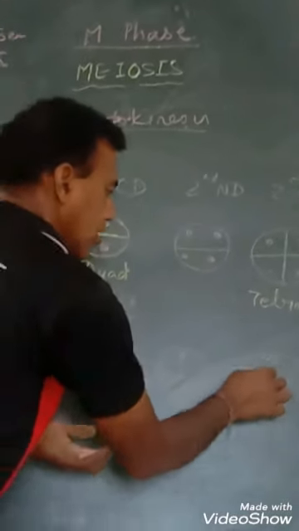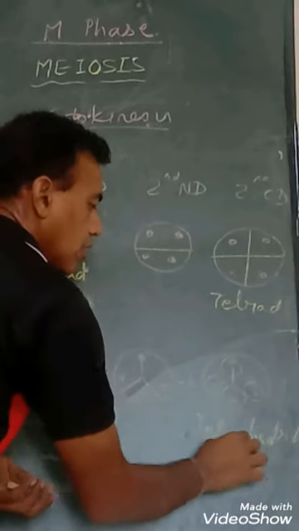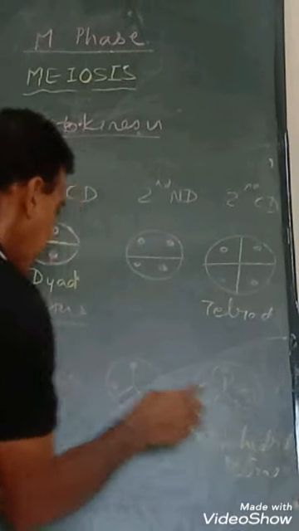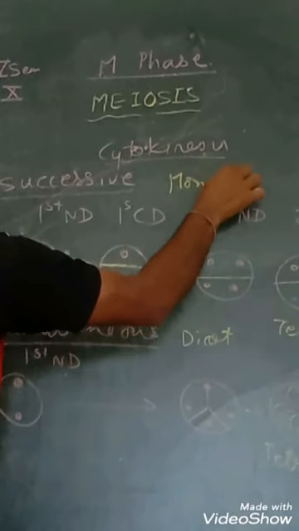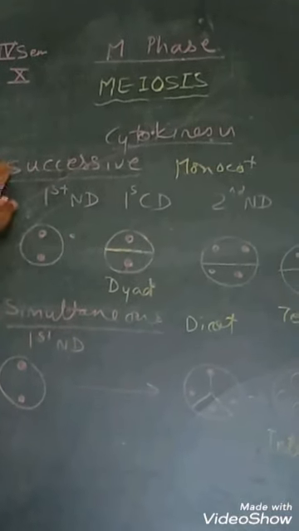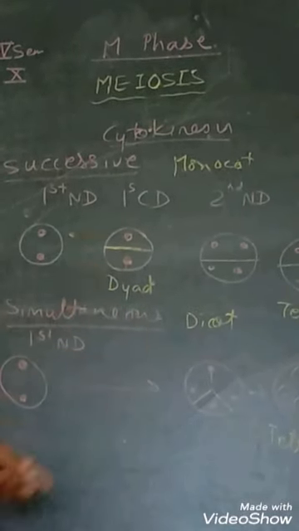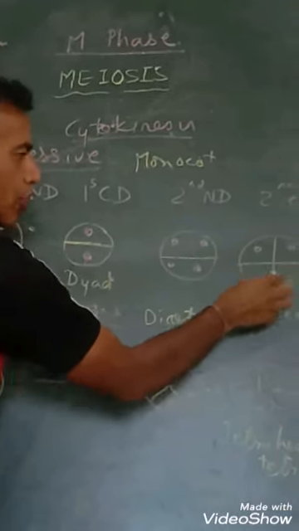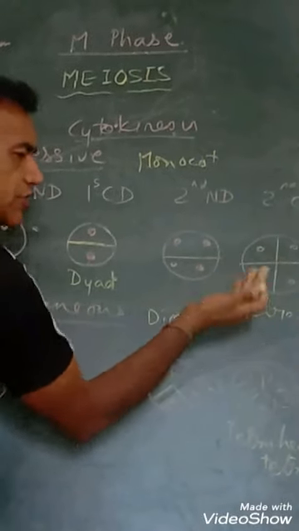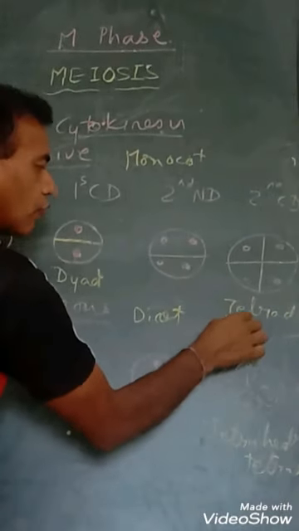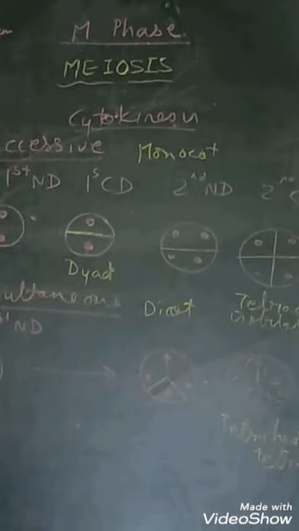Now this is known as tetrahedral tetrad type of spore arrangement, and it is a unique feature of dicots. So the cytokinesis is of successive type in monocots, while it is simultaneous type in dicots, and in this way the 4 haploid gametes are formed. In monocots they are arranged normally in isobilateral form, whereas in dicots they are arranged in tetrahedral tetrads.